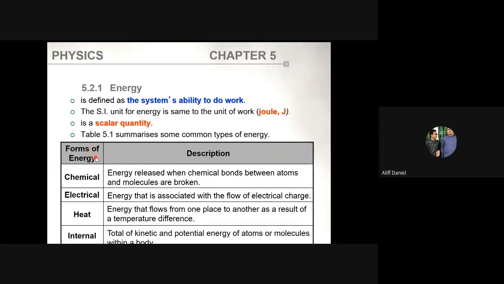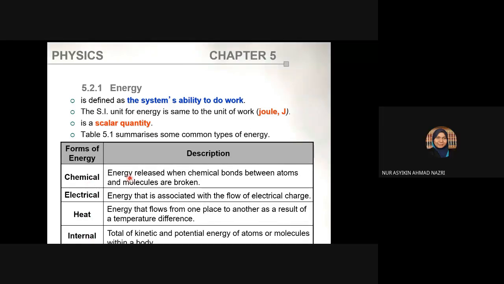Alright, so forms of energy. Here are some forms of energy. We have chemical energy, electrical energy, heat, and internal energy.